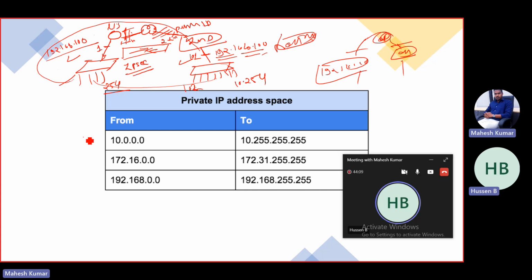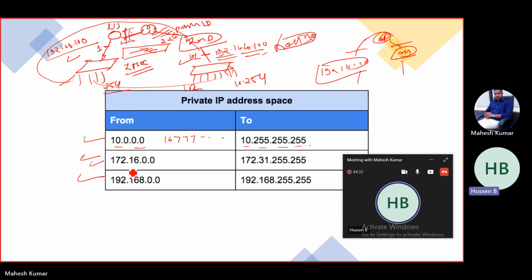So in this case, IANA has given some private IPs which can be used by anyone in their organization. In the 10 series, we have from 10.0.0.0 to 10.255.255.255. Again, we can connect about 16,777,000 IPs on this.